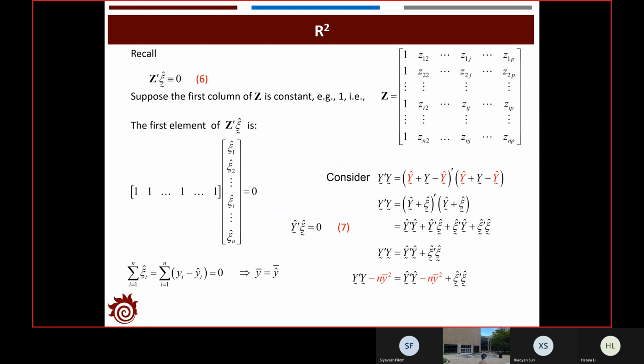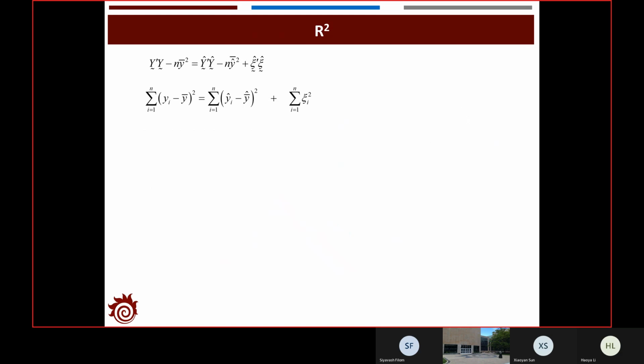You can actually apply the same term, minus the same term, on both sides of the equation. That's n times y bar square. As we know that y bar is the same as y hat bar, this means that we can replace y bar here with y hat bar square.